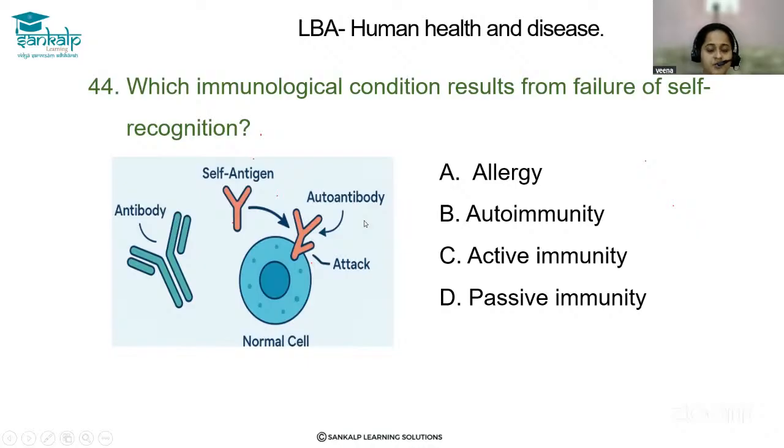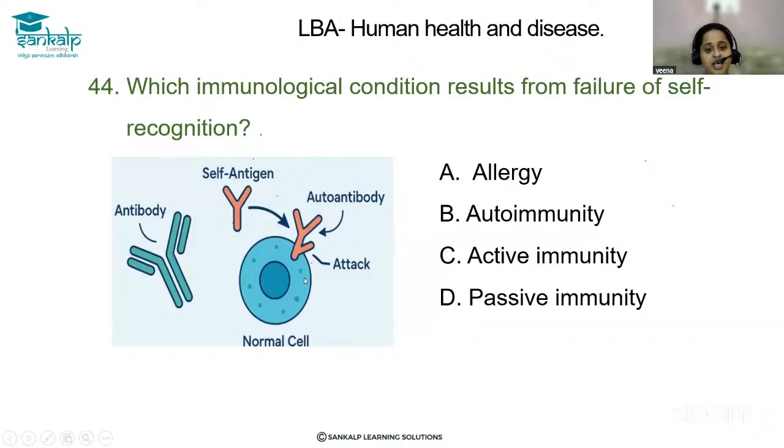Let's solve the question 44. Which immunological condition results from failure of self-recognition? So dear students, if you observe properly, they are asking which immunological condition results from the failure of self-recognition.